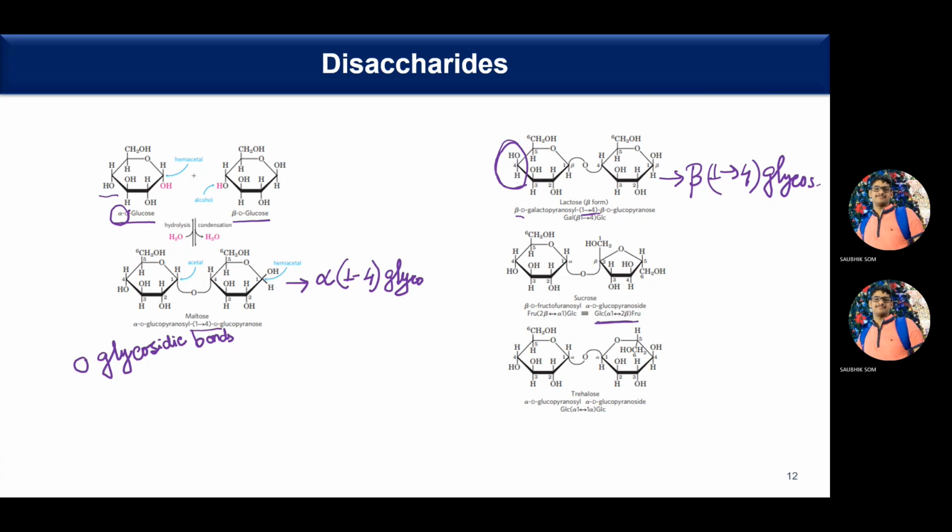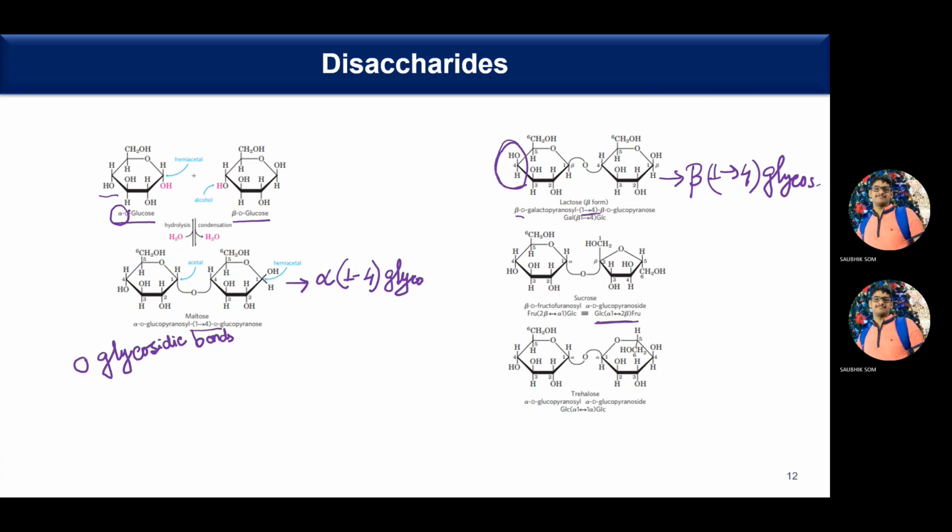And it's not necessarily always between carbon 1 and 4 or 1 and 2. You can also have glycosidic linkages involving the 3rd or 4th carbon. So there are several examples.